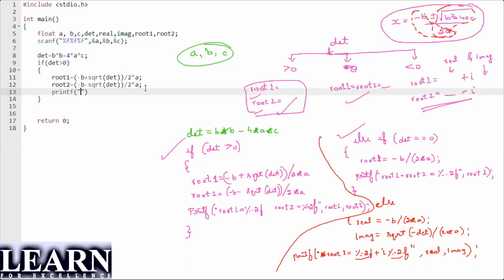Printf root 1 is equal to percentage point 2f, and root 2 equals percentage point 2f. I'll leave one or two gaps here, based on the output, so you can decide. The first percentage point 2f is root 1, and the other one is root 2. Please make a note of this. This is the first case.